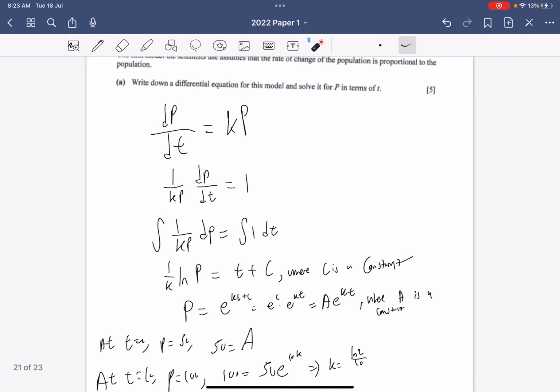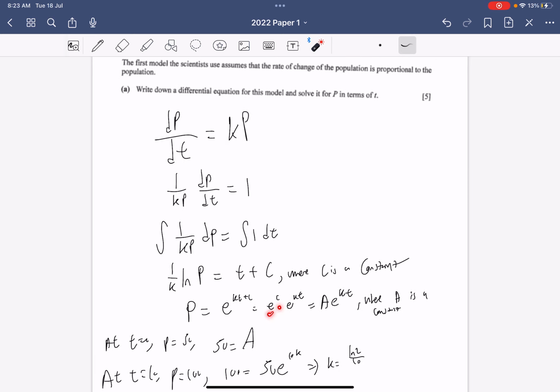And so with that, you get 1 over k ln P equals t plus c. You multiply the k throughout, and then you take e to the power to get rid of the ln, and you get P equals e^(kt+c), which you can write as e^c times e^(kt), and this part e^c is just a constant A, so you just put A.